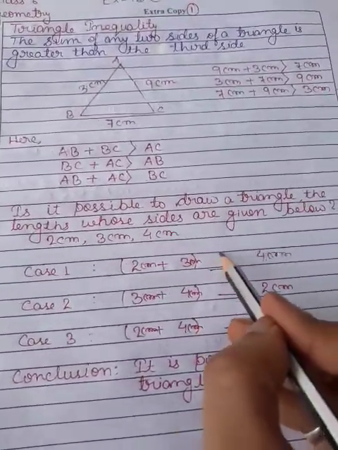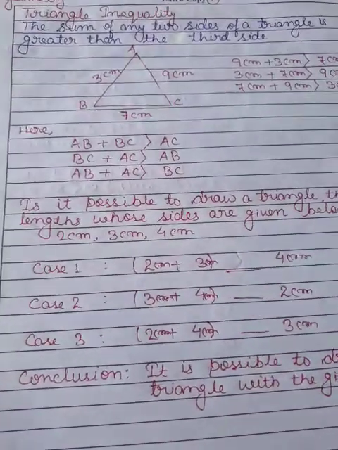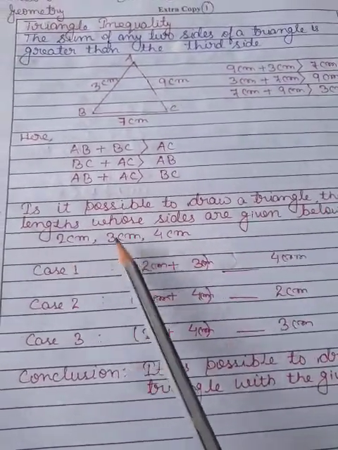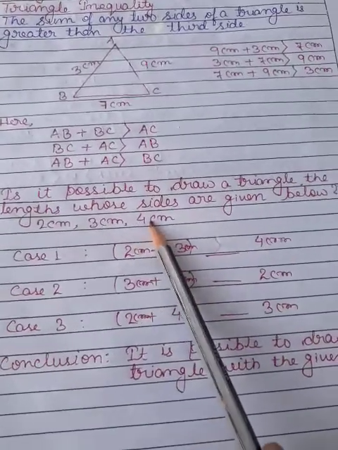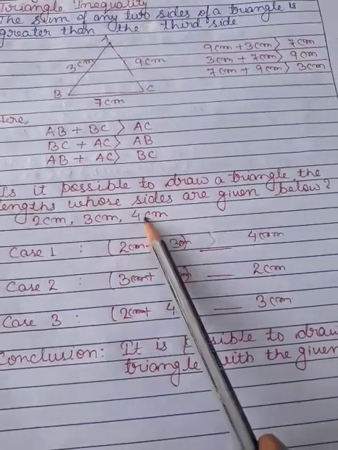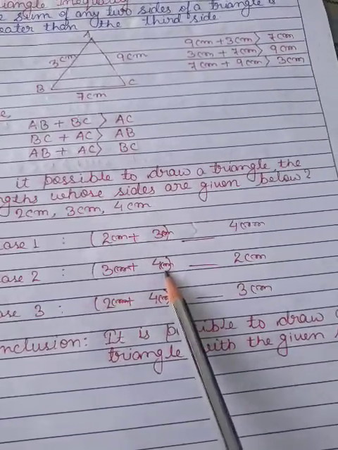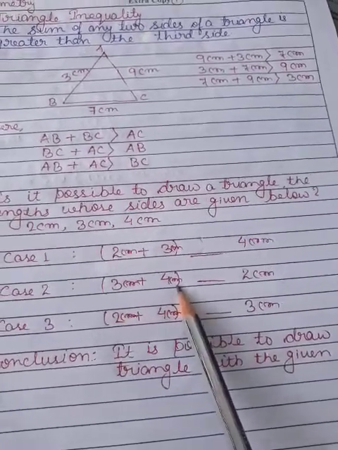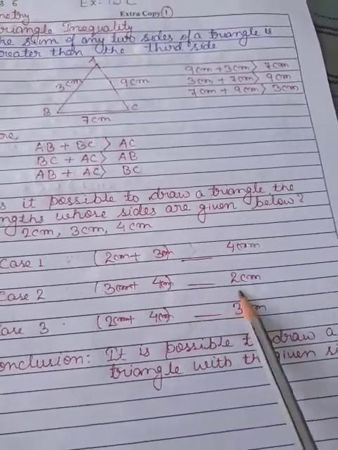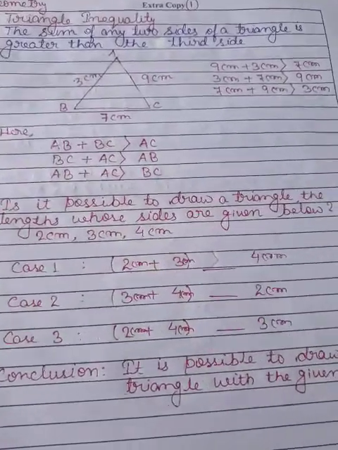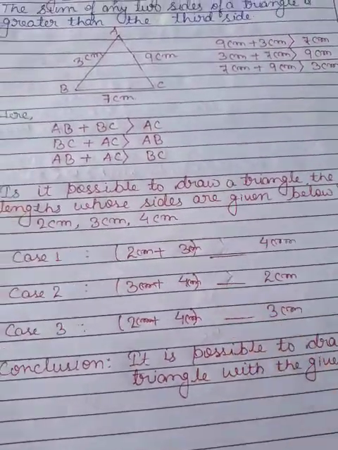Once again, we add 3 centimeter plus 4 centimeter, how much? 7, and 7 is more than 2, because 2 is left.